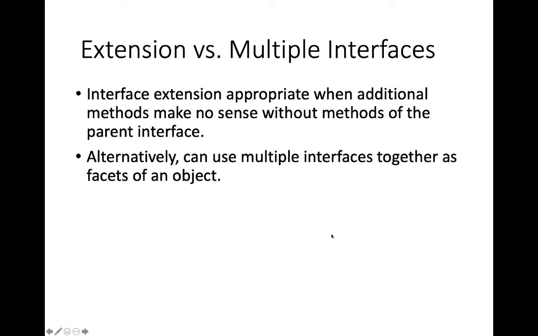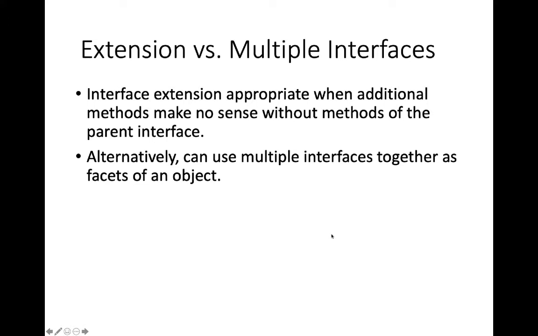So when do I choose to extend an existing interface versus create a whole new interface with the additional stuff and just add it to the list of interfaces that the class implements? Well, that's a matter of design, right? In general, you should extend interfaces to create a new interface only if the new stuff doesn't make any sense unless it also has the old stuff.